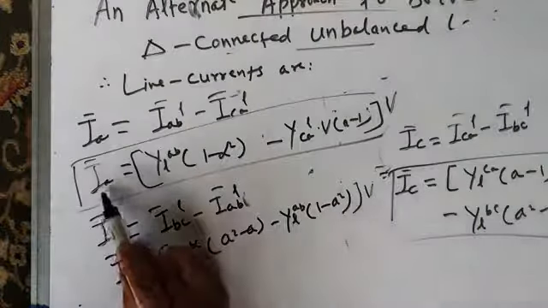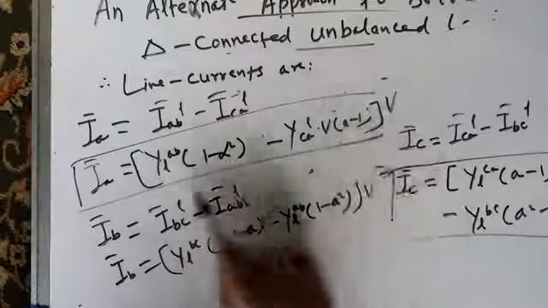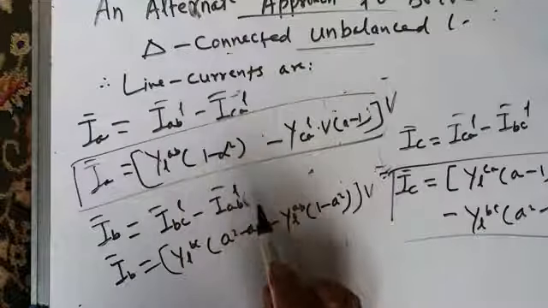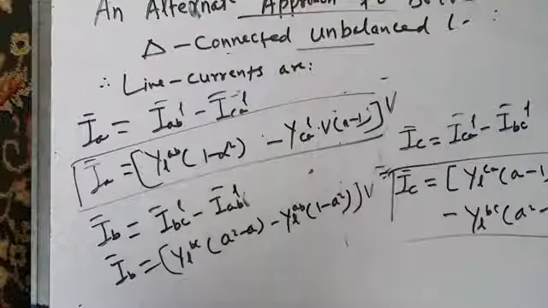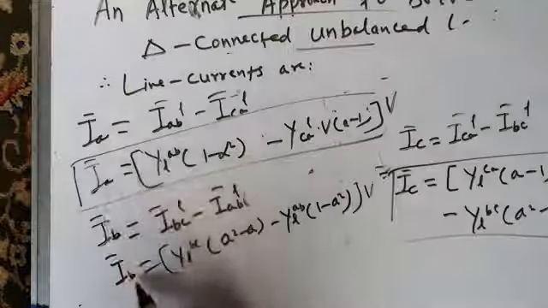So therefore this is IA in terms of line admittances and in terms of operators A square and A. So here you have found all three line currents.